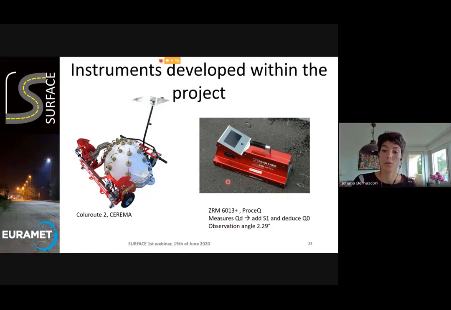The idea was to add a measurement of S1 and then to deduce Q0 from the relation between QD, S1 and Q0. We did some tests last fall that were quite promising. Then they continued the development with a prototype, but due to COVID, they had some delay with the electronics.